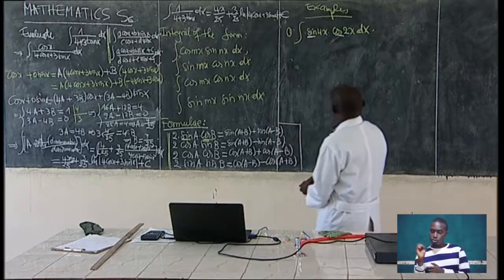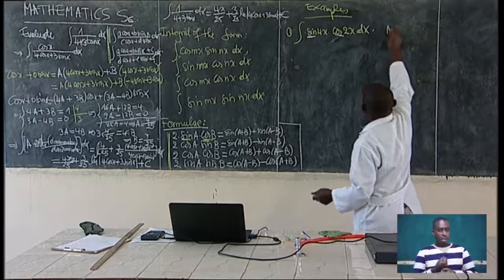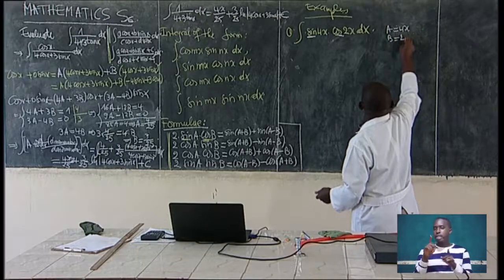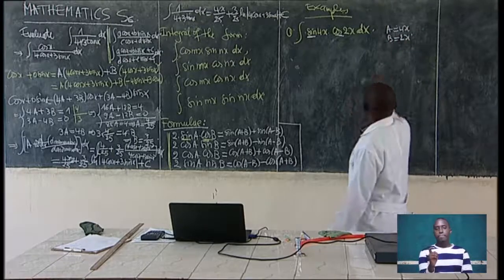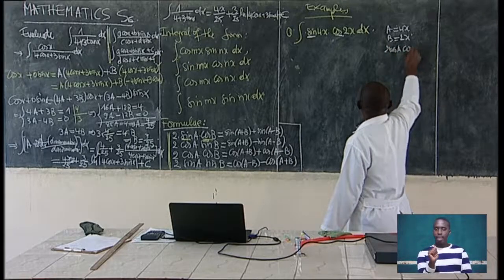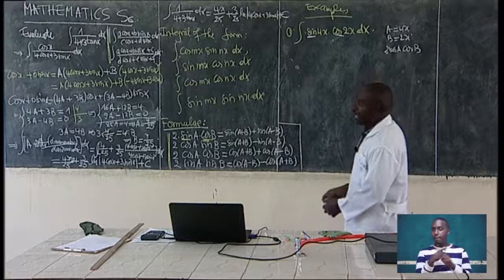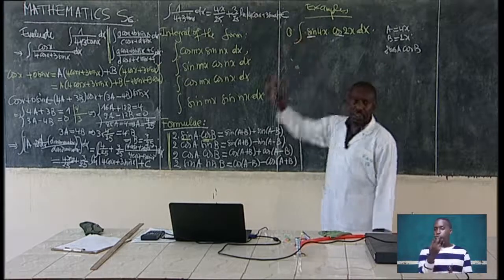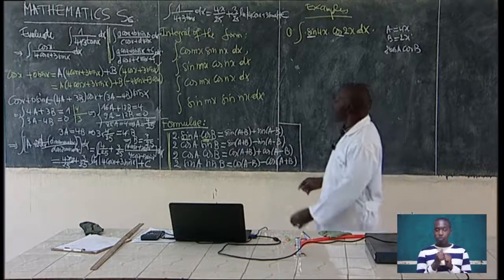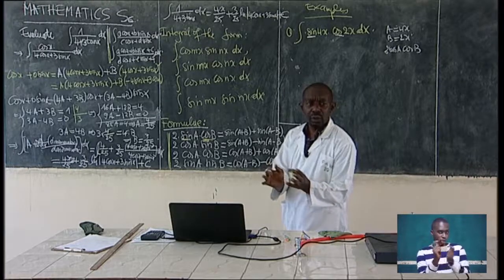So I can take A to be 4x and B to be 2x, and I have 2 sine A cosine B. But the problem is the 2 which is there. Are we together? So I can make a small change.